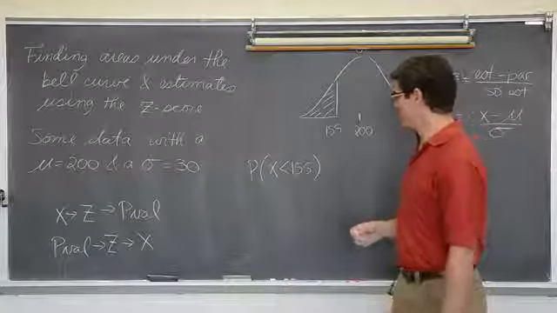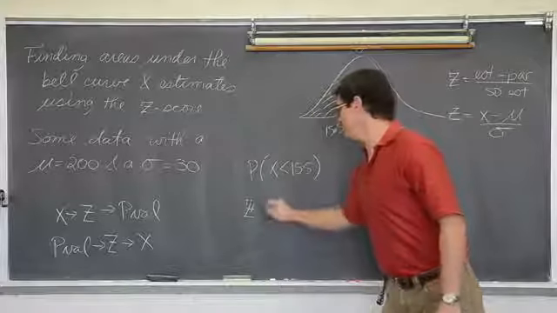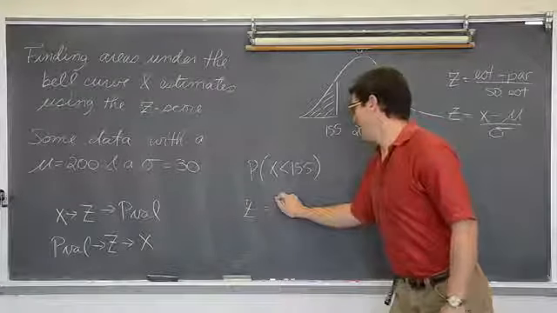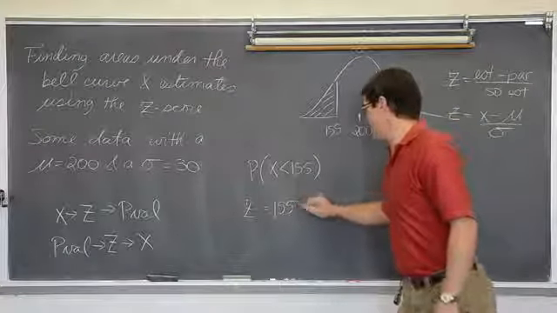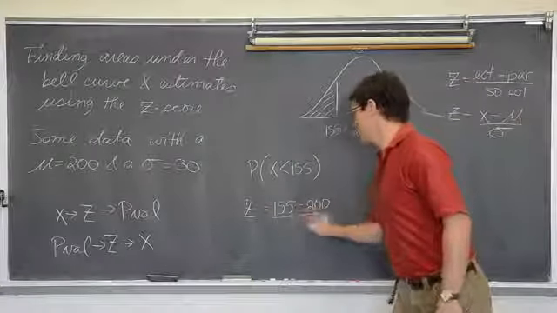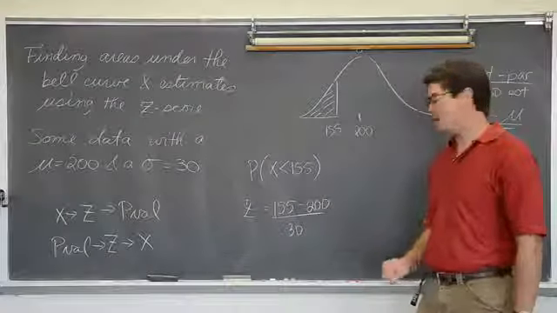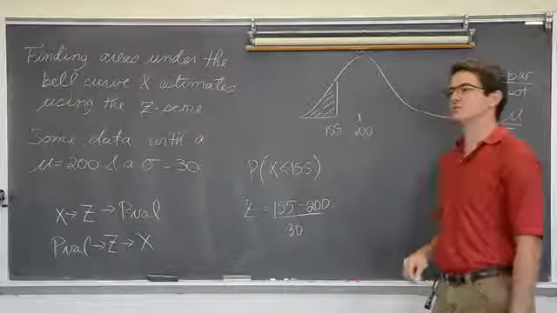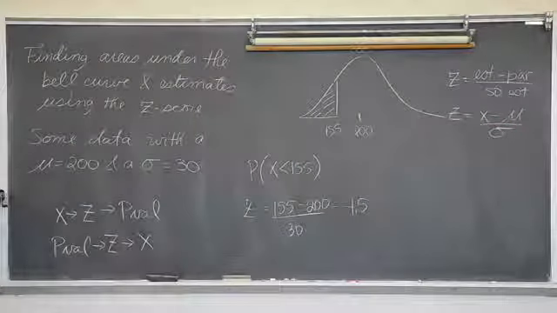So I'm going to do z equals the statistic, which is what the question is about, minus the parameter, over the standard deviation of the statistic, which is 30. That comes out to negative 1.5.